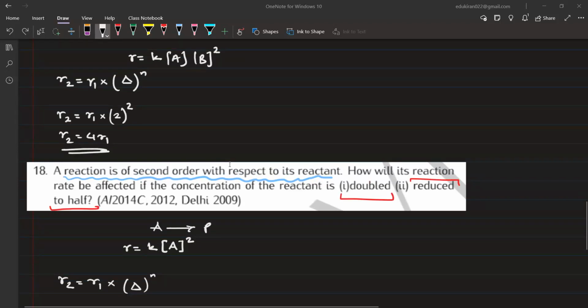Yes, Priya, first one is correct. Write the next one. Yes, Priya, both the answers are correct.